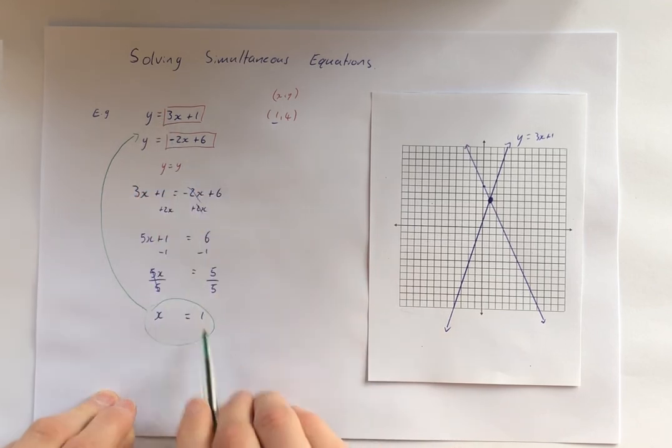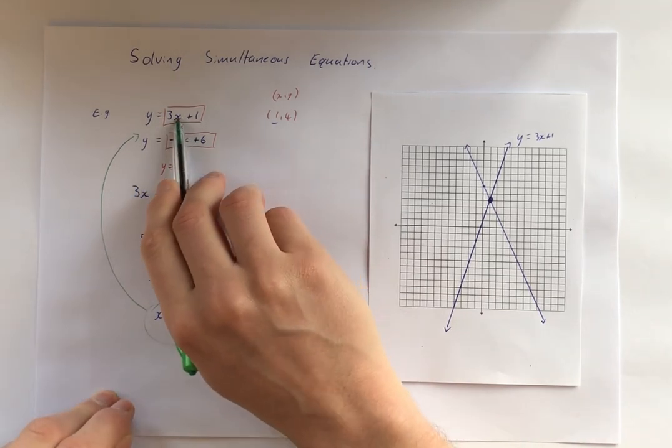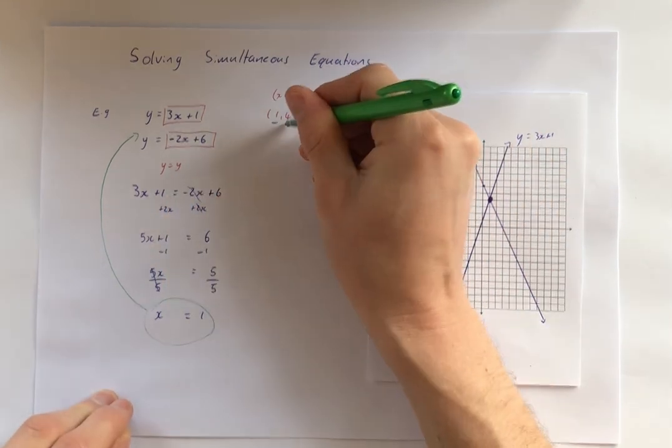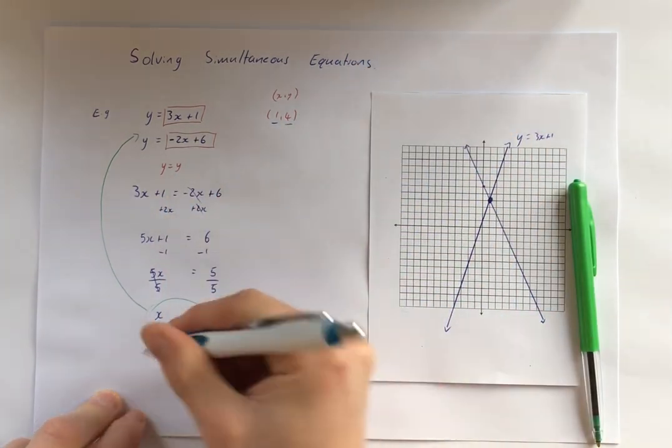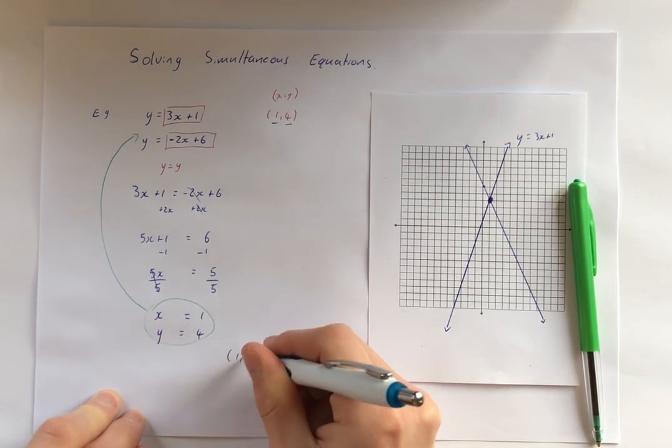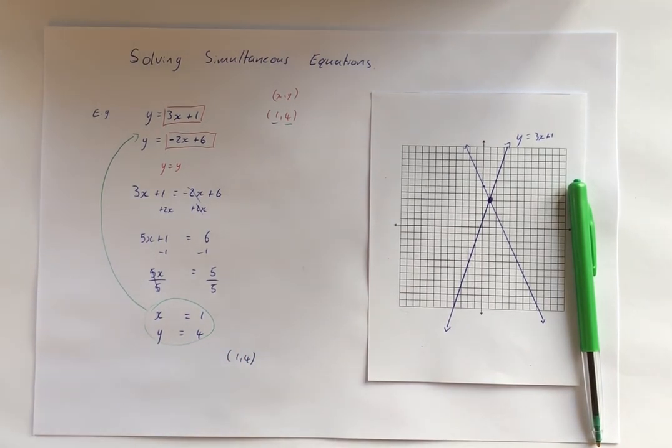So 3 times 1 is 3, plus 1 is 4. So then we write y equals 4. And as a coordinate, we write it as (1, 4). And we can see how that is the point of intersection, or the solution of that simultaneous equation.